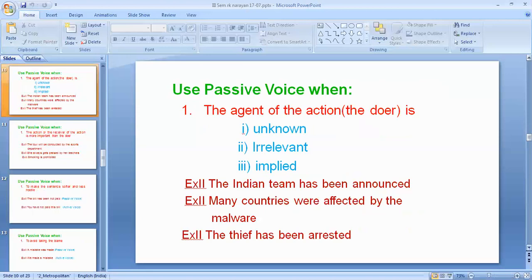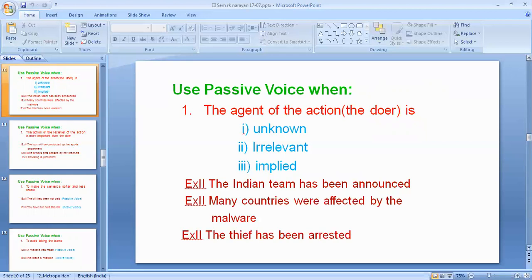Generally, the passive voice is used when the doer of the action, the agent, is unknown. If we do not know who did it, then there is no need to tell the doer of the action in the sentence. So when the agent is unknown, and sometimes this doer of the action is irrelevant, there is no need to mention that doer.